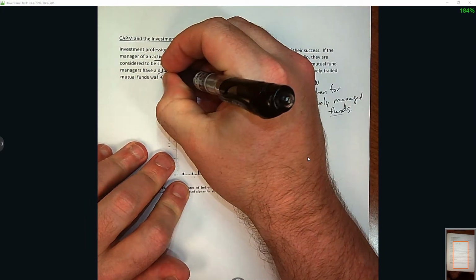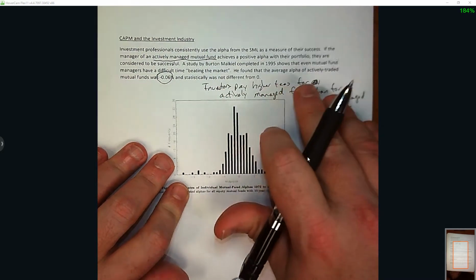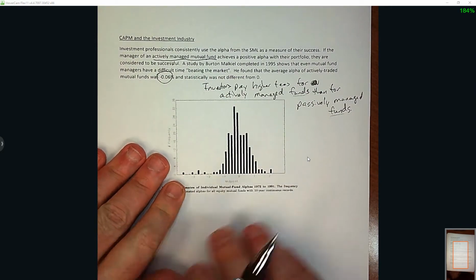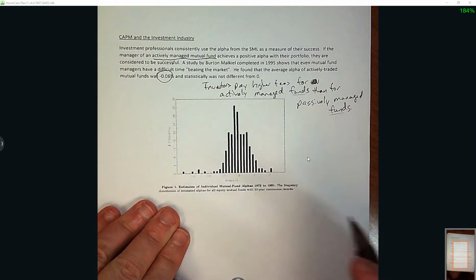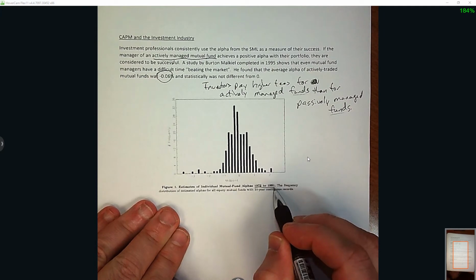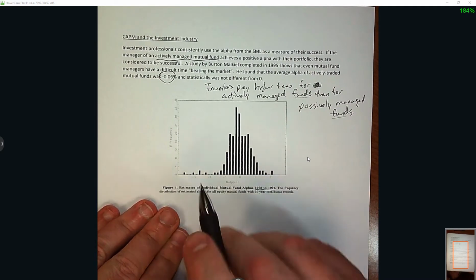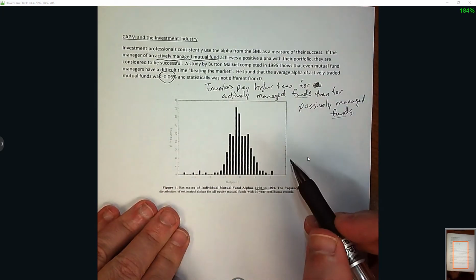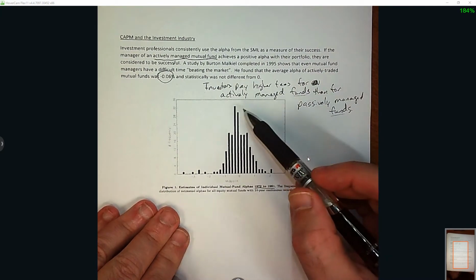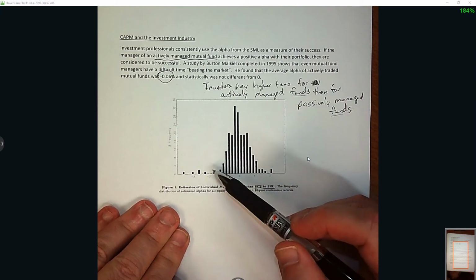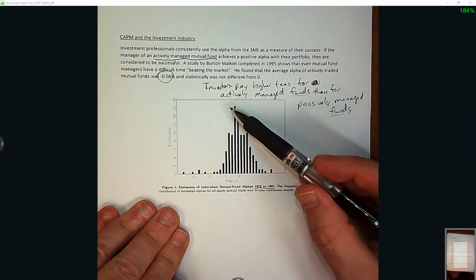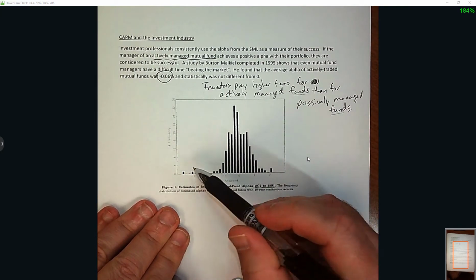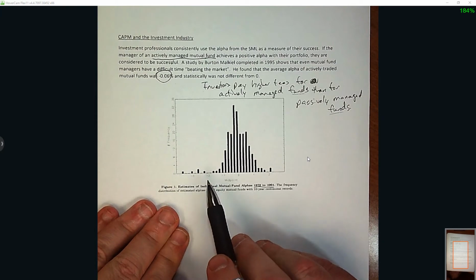So in other words, that means that the alpha, the excess returns for actively traded mutual funds, and these were many funds that he looked at for a period of 19 years, they didn't outperform the stock market, the S&P 500. And you can see here, this was the probability distribution of the alphas from all of these actively managed funds. It's kind of bell-shaped. It's got a long tail on the left-hand side.